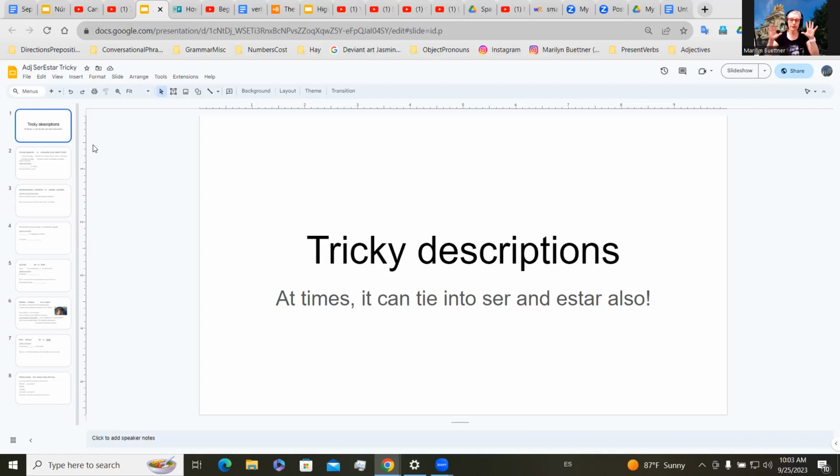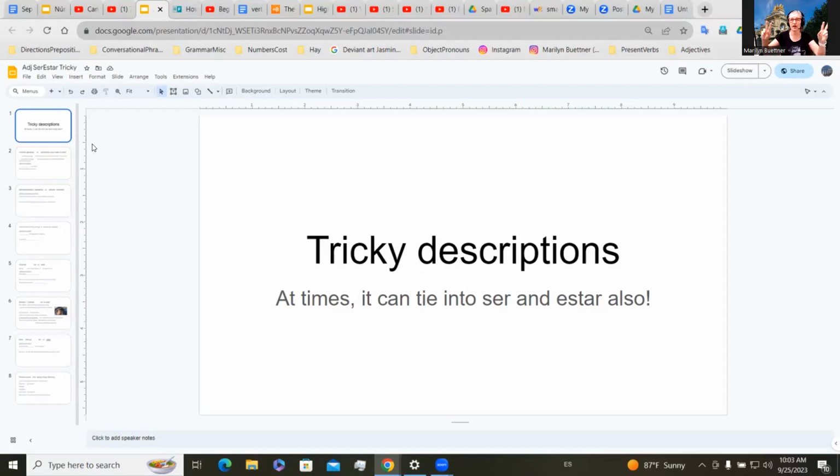Okay. Yeah. And of course, when you're speaking and you've got to decide, you've got to make a decision quickly, right? A really important thing to think about is that estar is used most frequently with locations and with easily changeable descriptions.